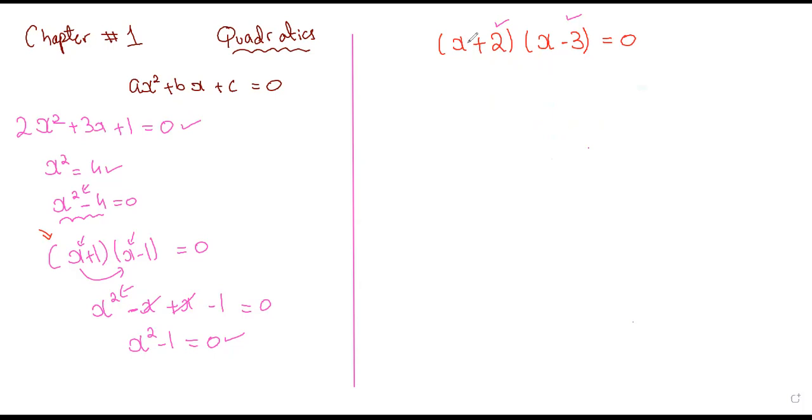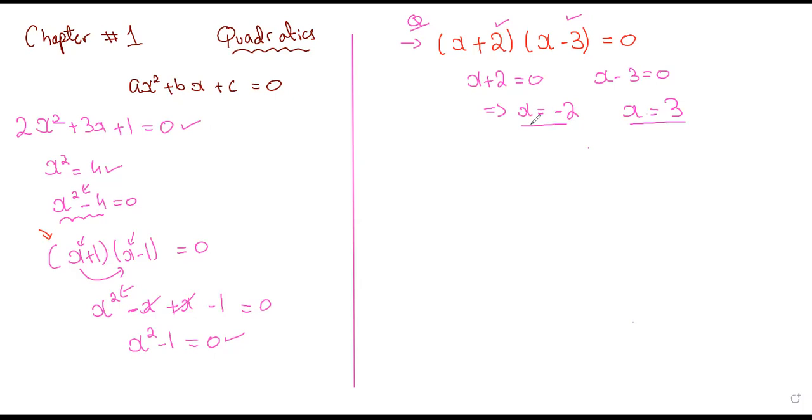Think about this equation as a question, and let's say that you have been asked to find the roots of x. How do we find roots then? We say x plus 2 equals 0 or x minus 3 equals 0. This implies x equals minus 2 and this implies x equals 3. So this means that these are the two roots.